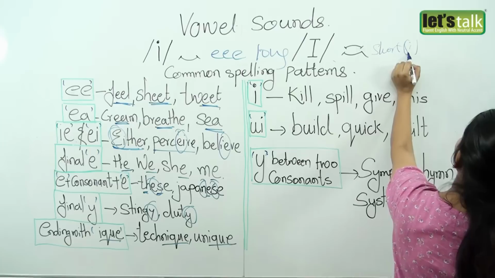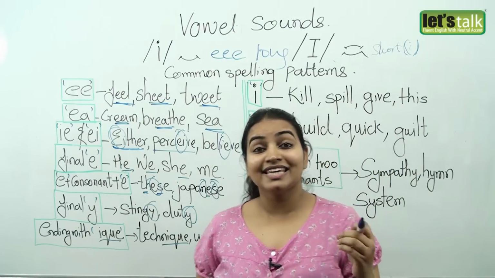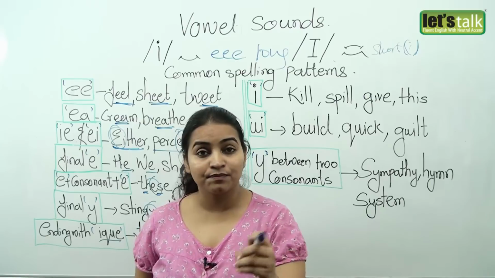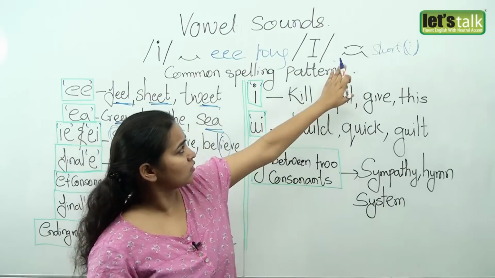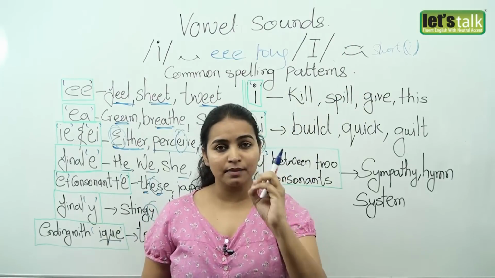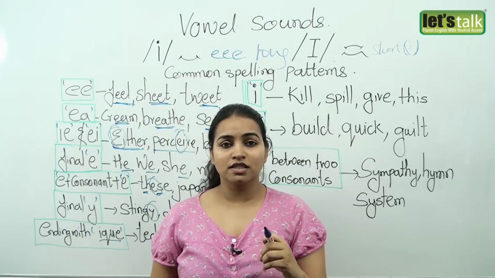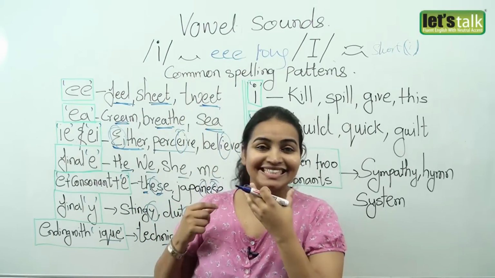The short I, pronounced as eh. It's not the E, but it is the eh. And I've drawn a mouth with slightly parted lips. The eh sound does not really produce a smile like the E did.